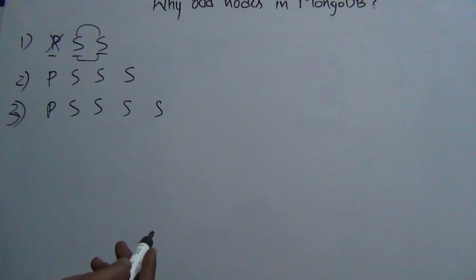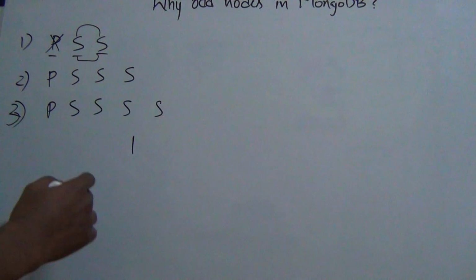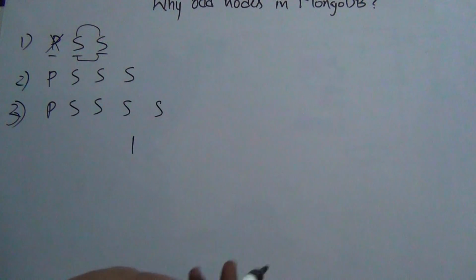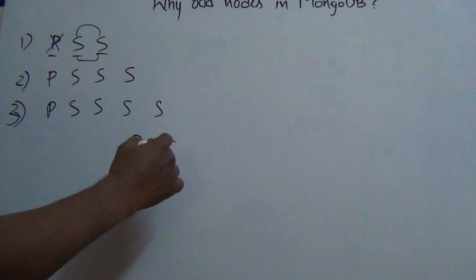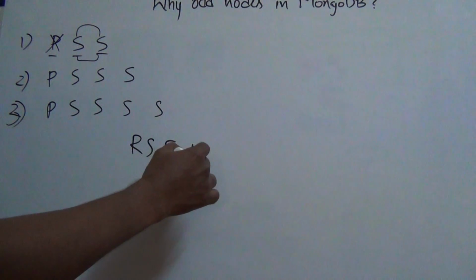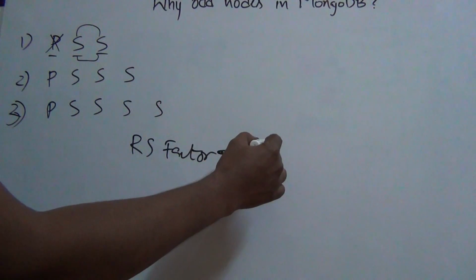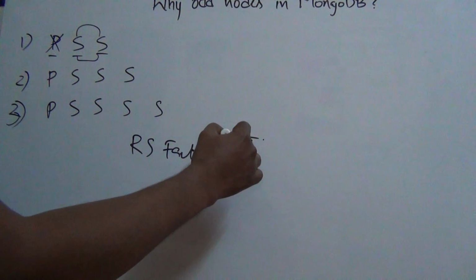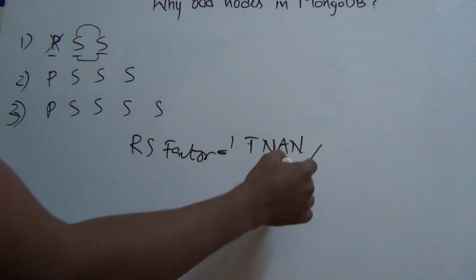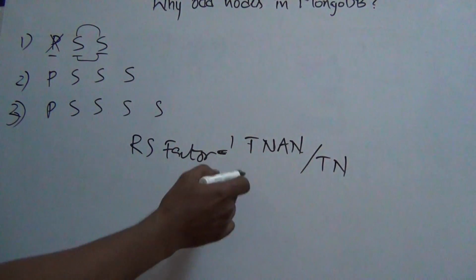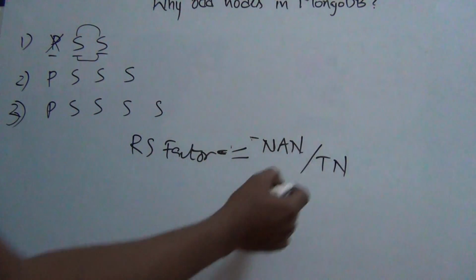So the thumb rule is, you can judge whether any further election will be possible or not by the replica set factor: the number of available nodes by total nodes.